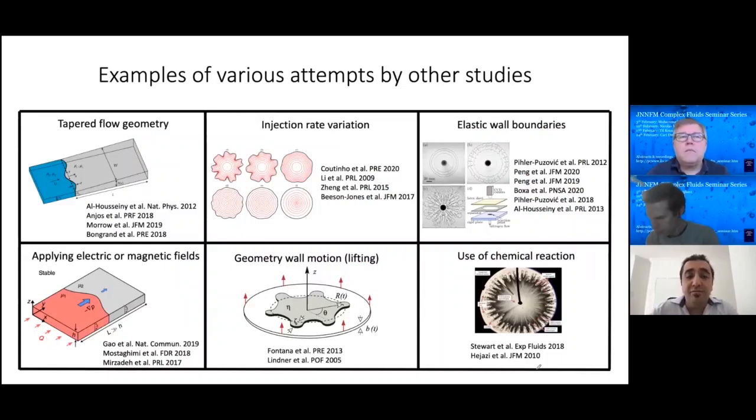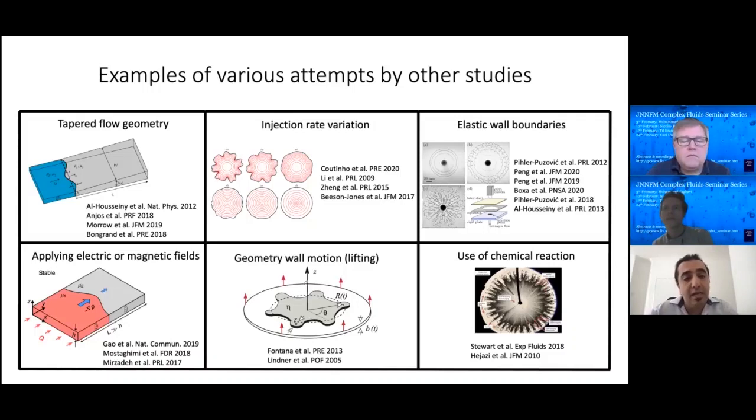Of course, there are a variety of other methods in the literature to improve the displacement efficiency or control the flow. But this has mostly focused on simplified geometries such as the Hele-Shaw cell and controlling only viscous fingering type flows.